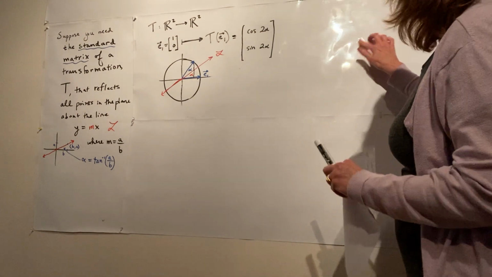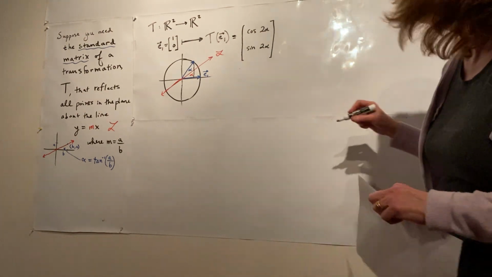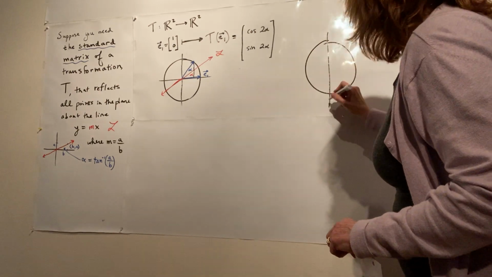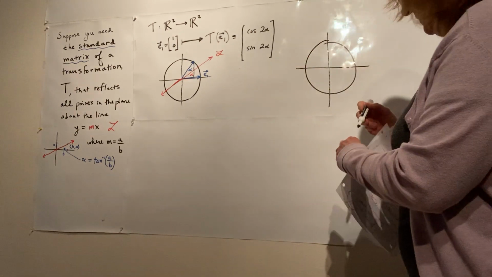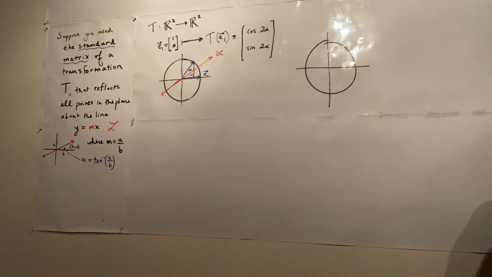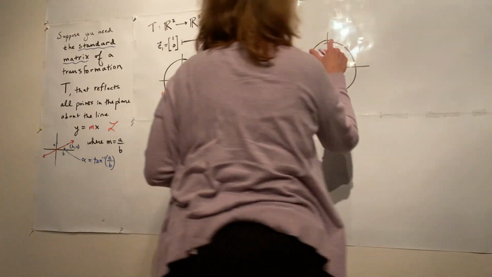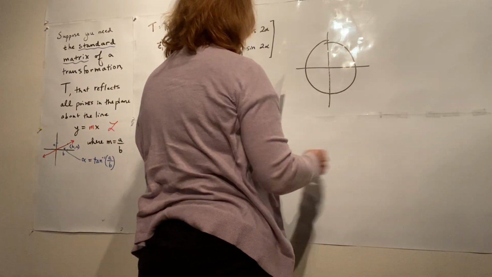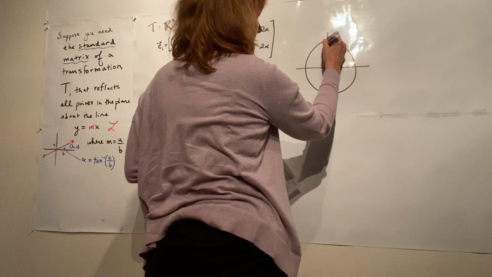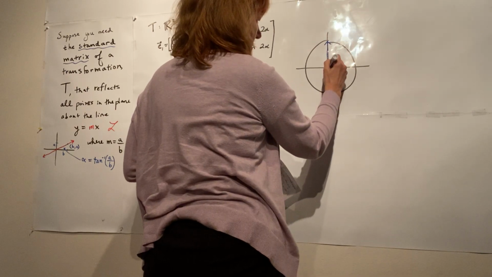So for E2, we draw a unit circle and find E2 inside there. Here's E2.